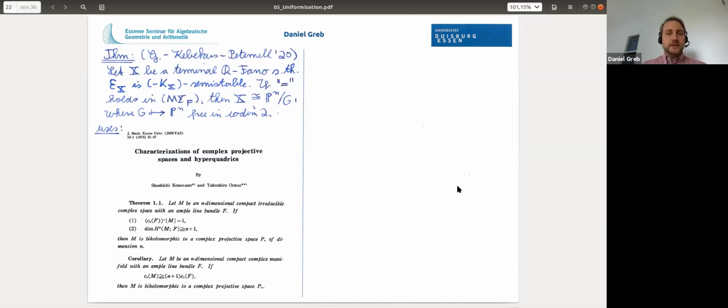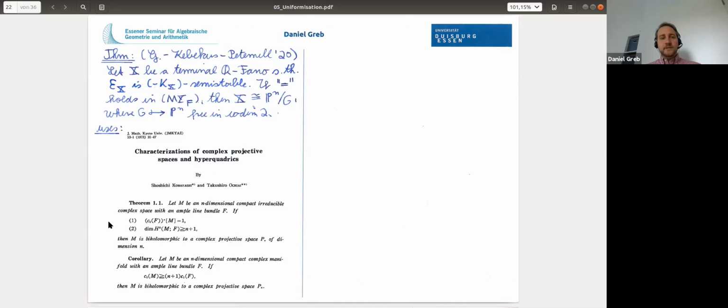So if you have a manifold with an ample line bundle, such that the top intersection number of this line bundle, c1(F)^n, is 1, and it has more than n independent sections, then M is biholomorphic to complex projective space, and this bundle is O(1).